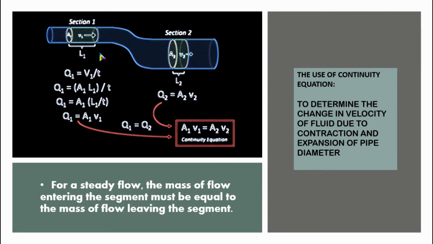And as I mentioned before, section 1 and section 2 have the same and equal volume. So we can conclude that Q1 and Q2 are equal. So we get the equation of continuity, which is A1 V1 equals A2 V2.